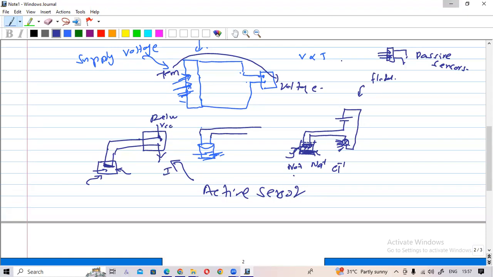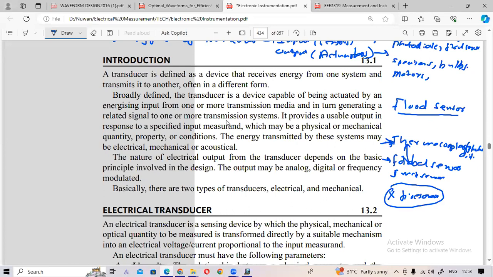If you have any problem, you can write it. So there are two types of transducers, one is active and one is passive. Active means you need to give a supply voltage.